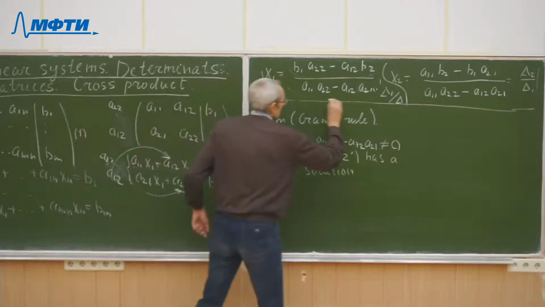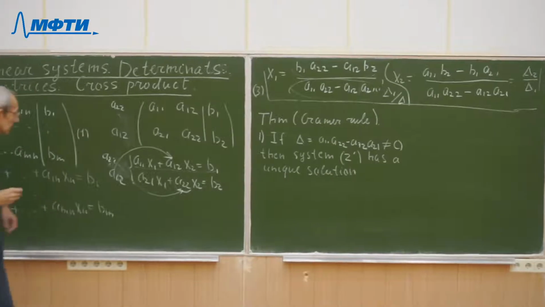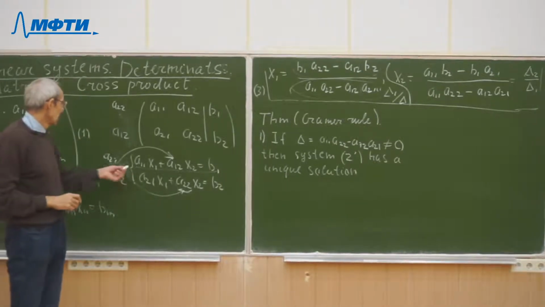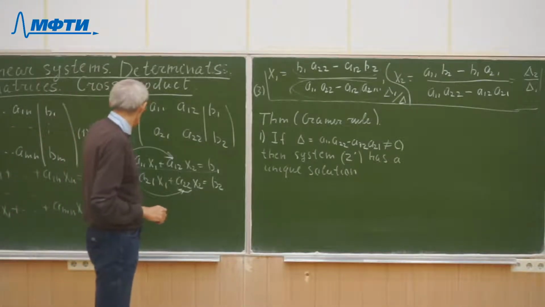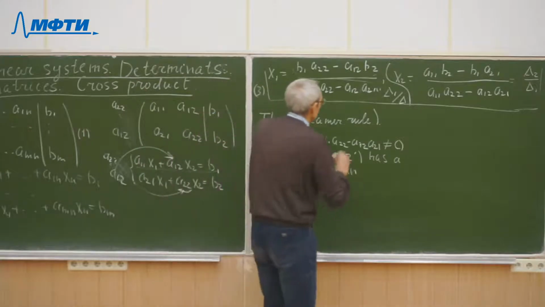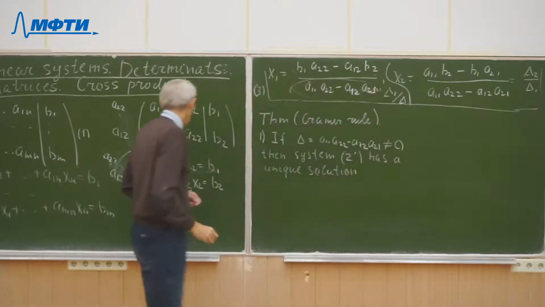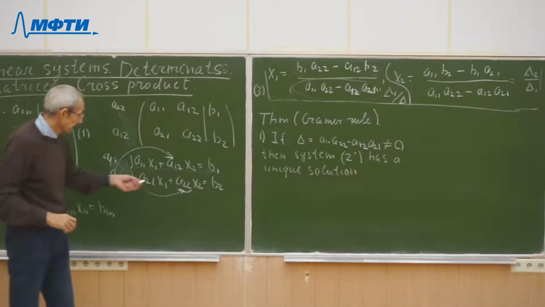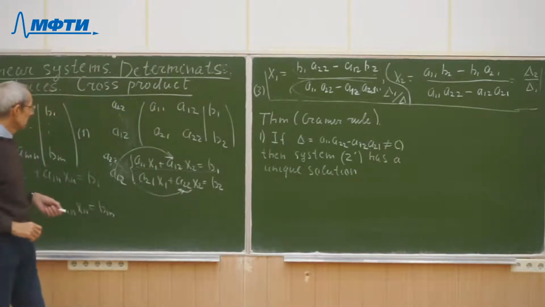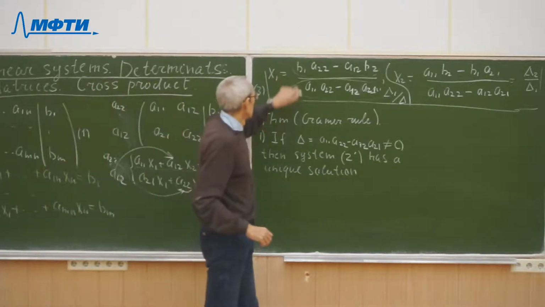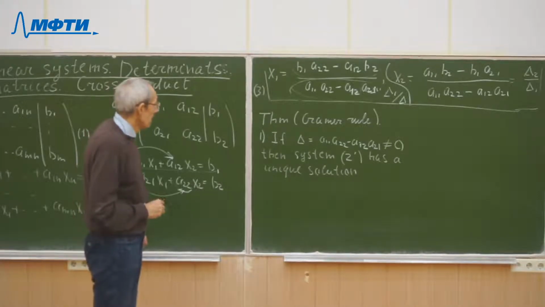Oh, I'm sorry, this expression, namely the product a11 a22 minus a12 a21. And the free term will be equal to the following product: b1 a22 minus a12 b2.